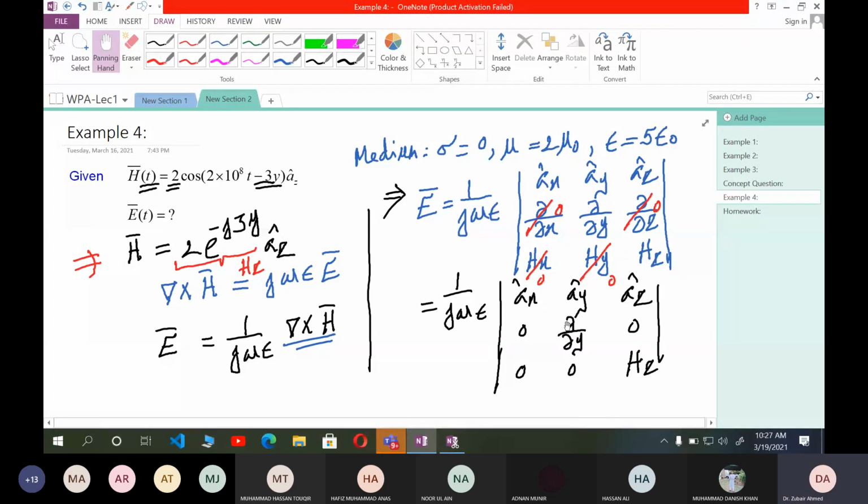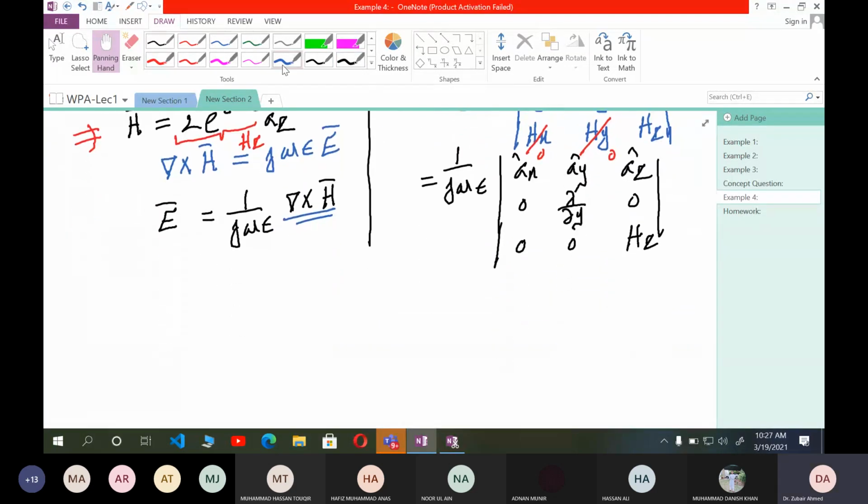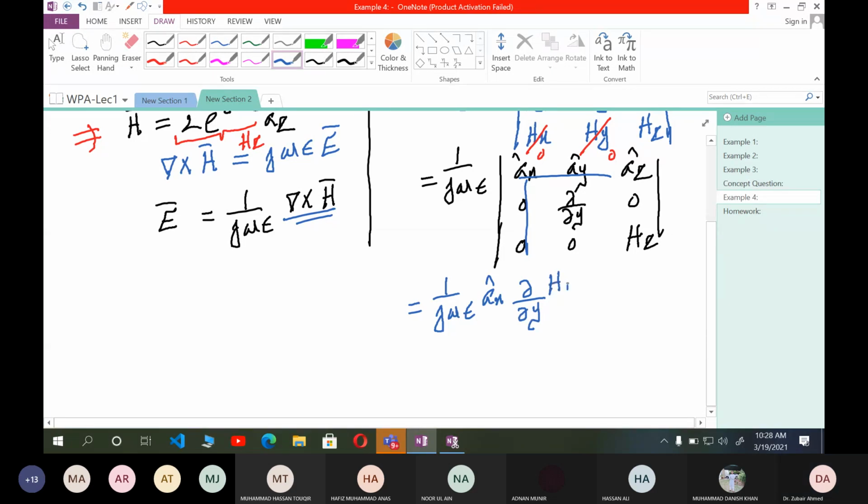Now I can expand this. 1 by j omega epsilon. So ax will be, if we expand this, ax unit vector and partial of partial y of hz. And all other terms will be 0. So ay times 0 times 0 plus az is also this, all other terms are 0. You can check this.